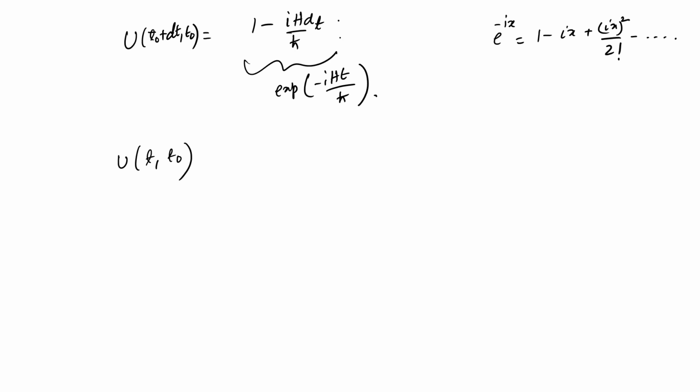So, there are more terms that are going to be there, like i squared h cross squared by h cross squared and dt squared and so on and so forth.